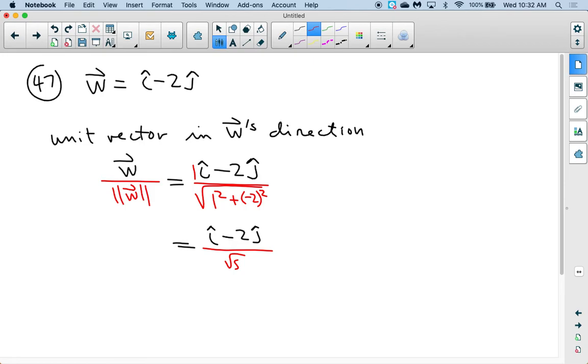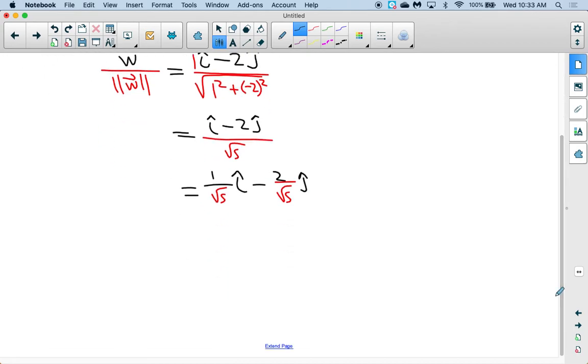So initially you'd write this in that intermediate form of 1 over radical 5 I minus 2 over radical 5 J. Okay? And to be more formal, of course, you would write radical 5 over 5 I. Let me do that in red.